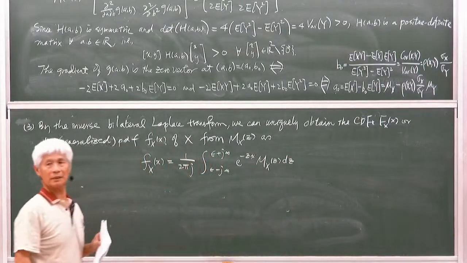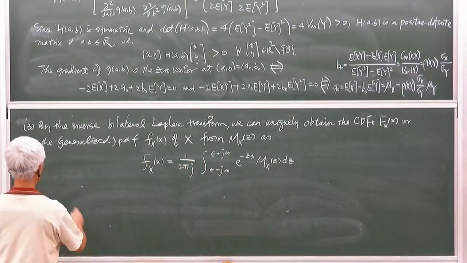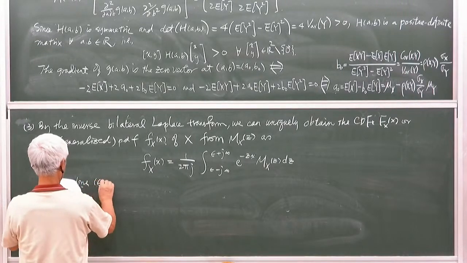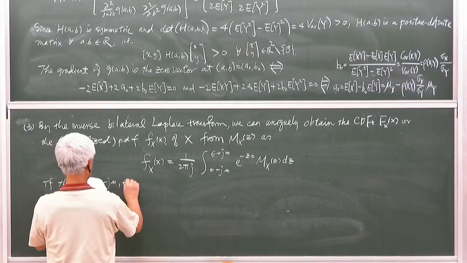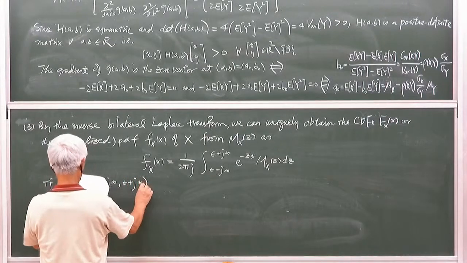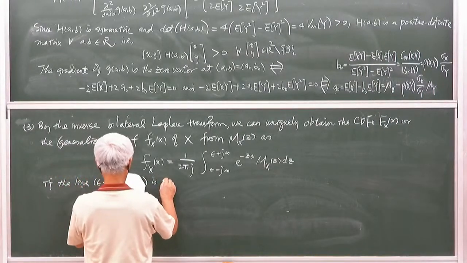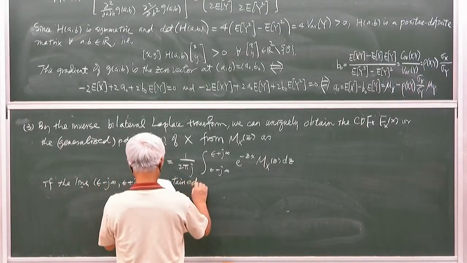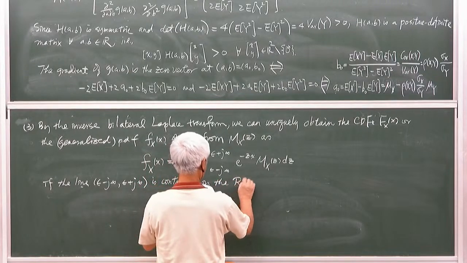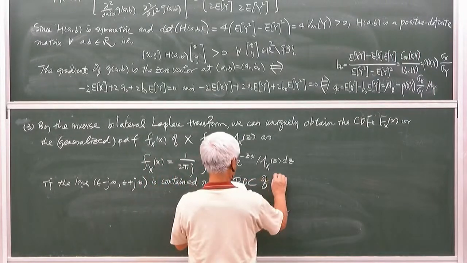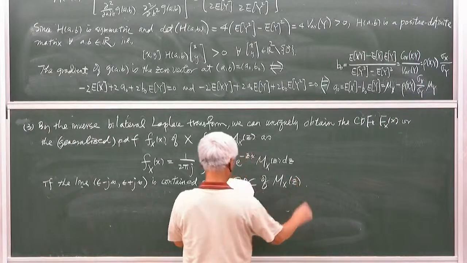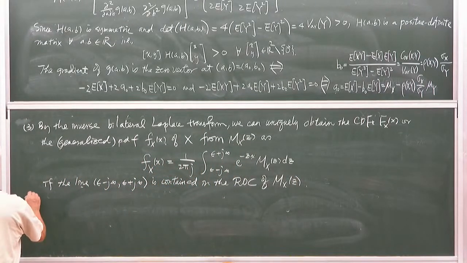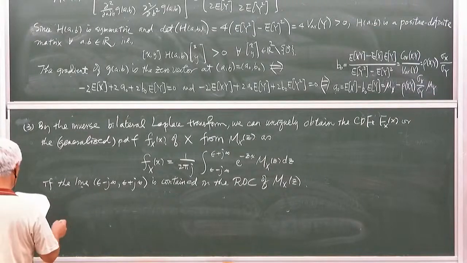We can do the inverse transform if the line from epsilon minus j infinity to epsilon plus j infinity is contained in the ROC of the moment generating function.